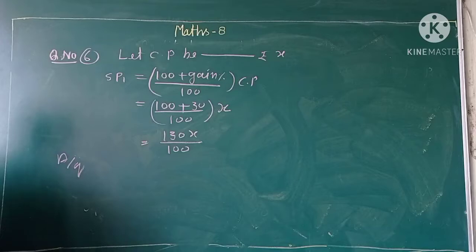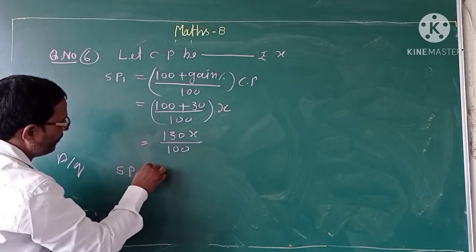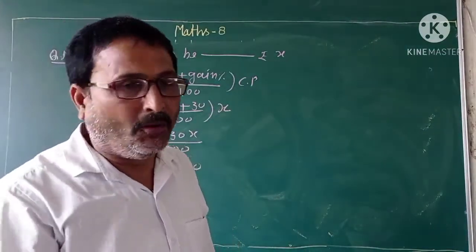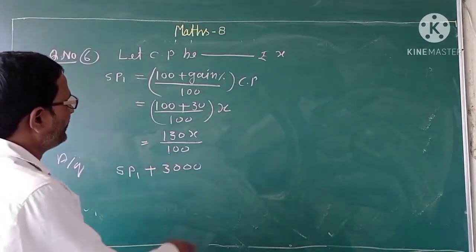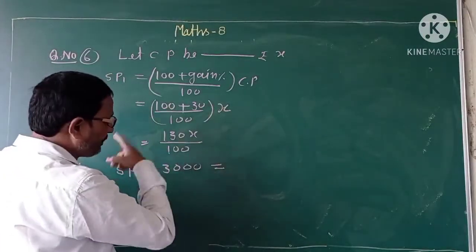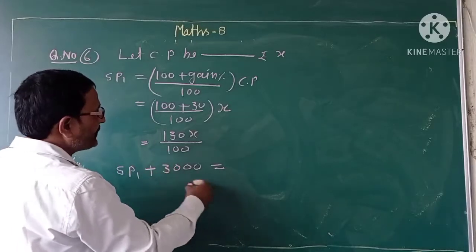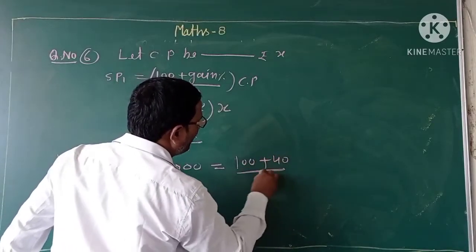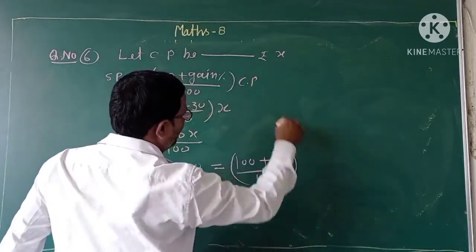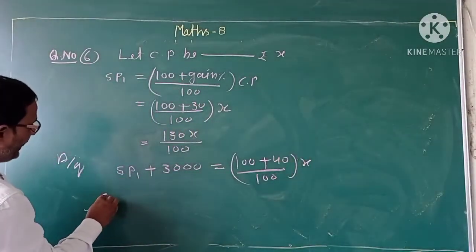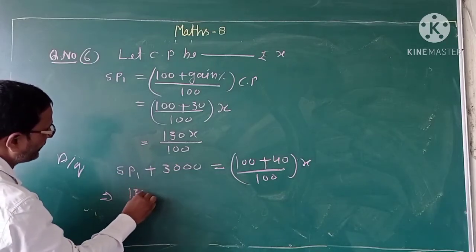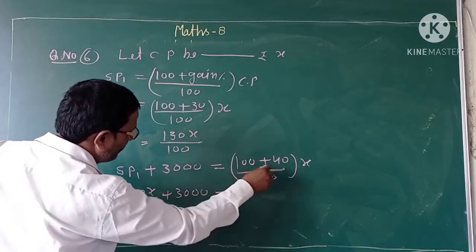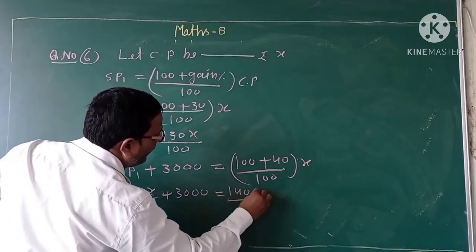According to the question, if he sells it 3,000 more than SP1, then its SP will be (100 plus gain percent) upon 100 into CP, gain percent is 40% and CP is X. It means SP1 value 130X upon 100 plus 3,000 is equal to 140X upon 100.